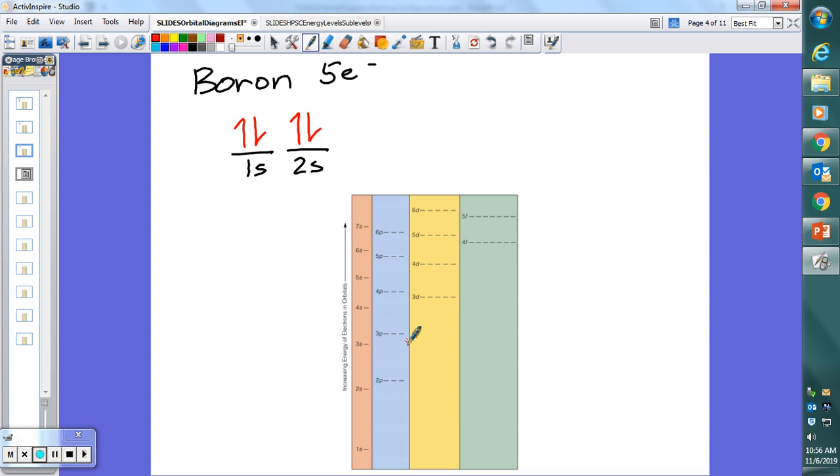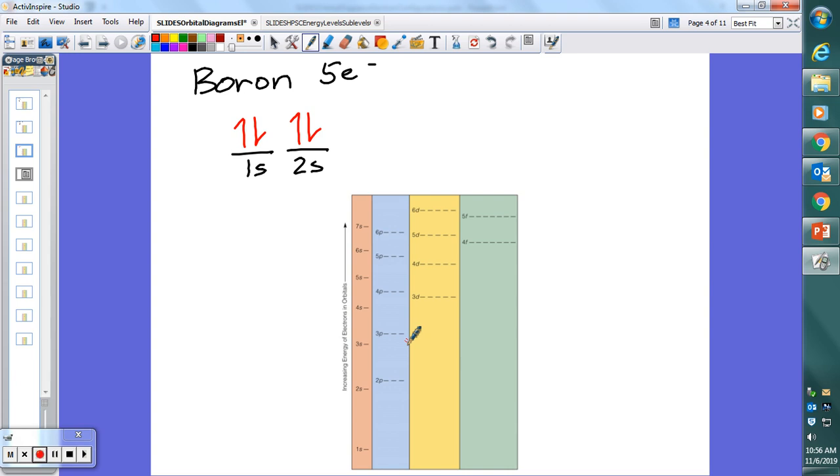One of the 2p orbitals goes along the x-axis, one goes along the y-axis, and one goes along the z-axis.